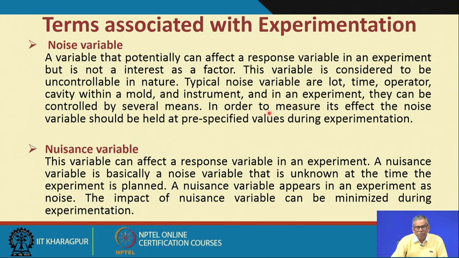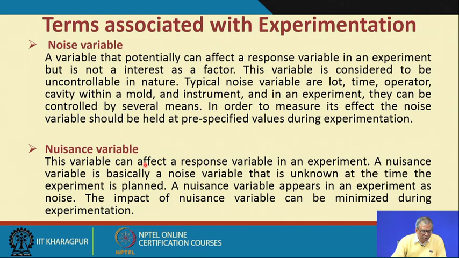While we discuss experimentation, you will come to know which procedures you are supposed to employ. In order to measure its effect, the noise variable should be held at pre-specified values during experimentation. When we cite examples, you will come to know how to set the values of the noise variables.